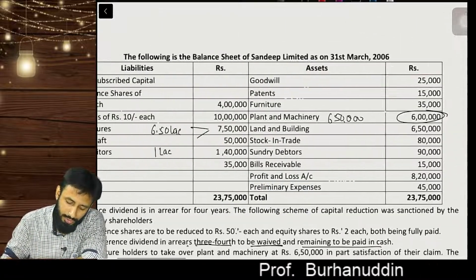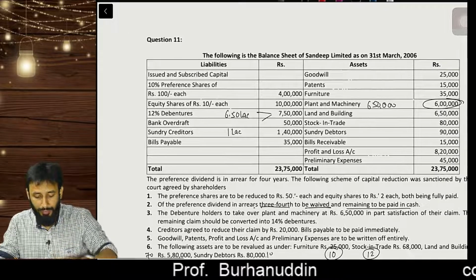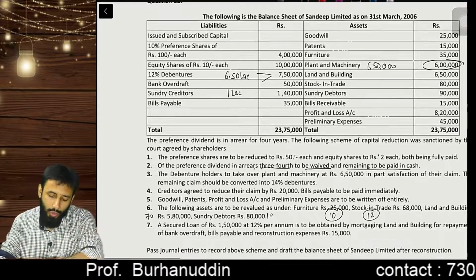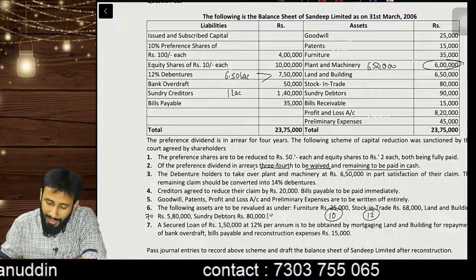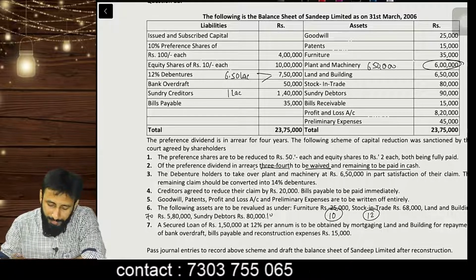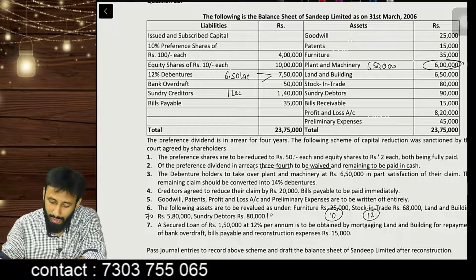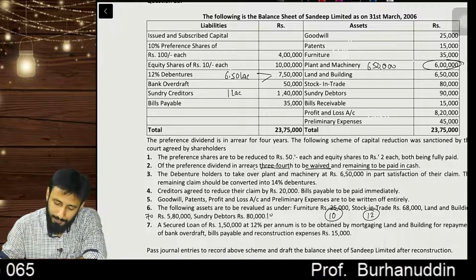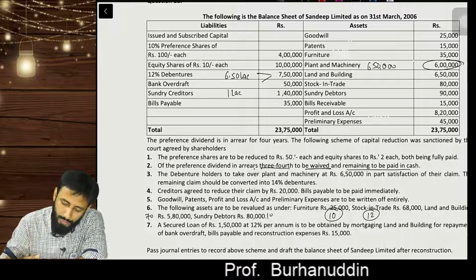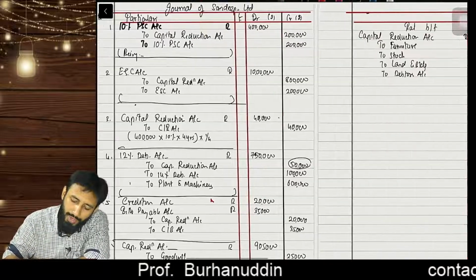The last transaction, guys, they are telling me, the last adjustment in fact. A secure loan of 1,50,000 at 12% per annum is to be obtained by mortgaging land and building for repayment of bank overdraft, bills payable, and reconstruction expenses of 15,000. So, guys, bank overdraft is also paid of 50,000, and we have reconstruction expenses of 15,000.